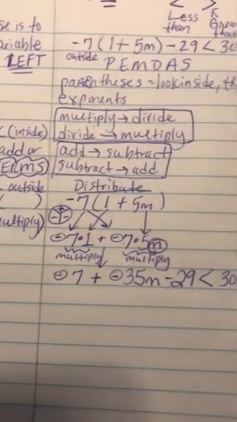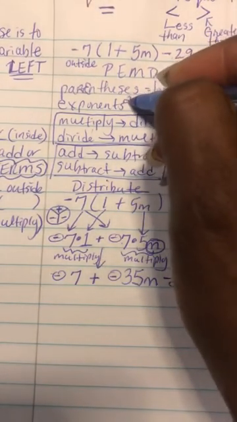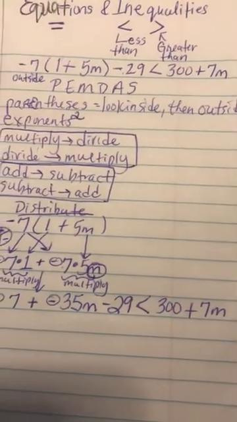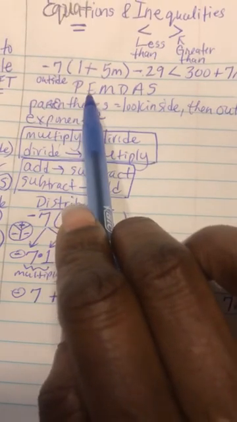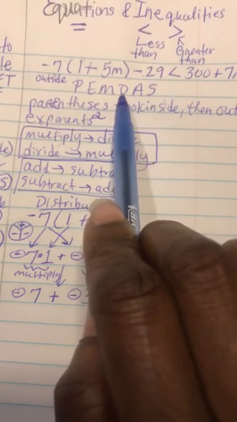The next thing that we're going to do after we did parentheses is we are looking for exponents. Exponents are those little numbers in the air, okay? I don't see an exponent anywhere. So of PEMDAS, we did the parentheses, we look for exponents, there are none. Now we're going to look for multiplication and division.